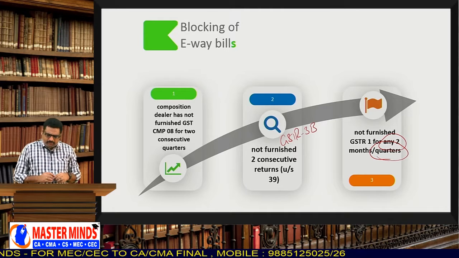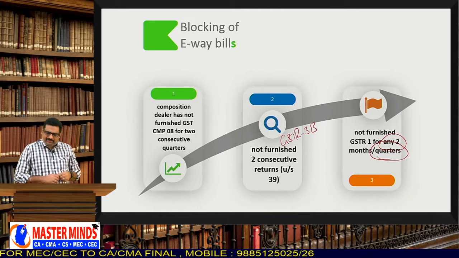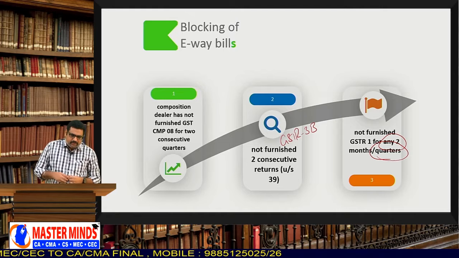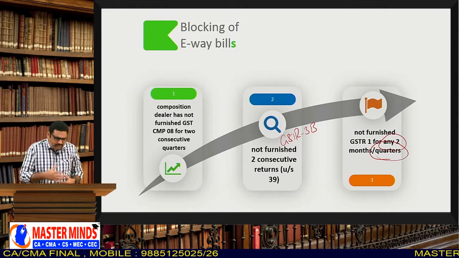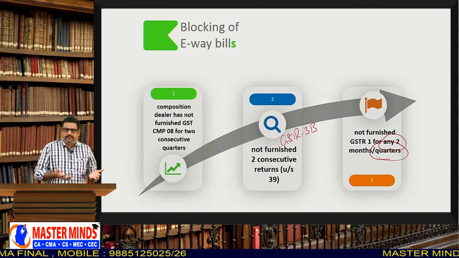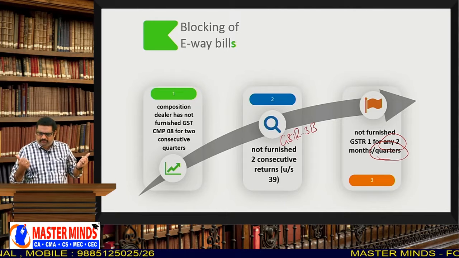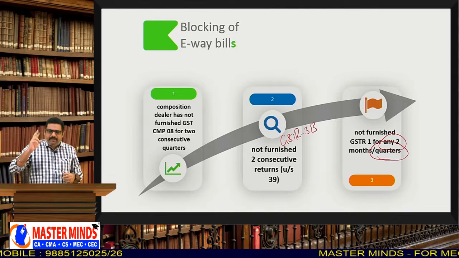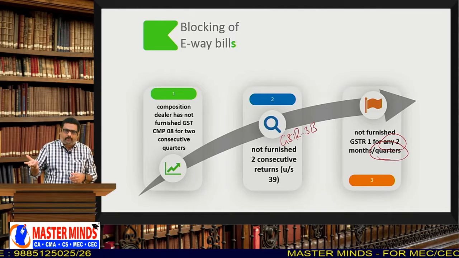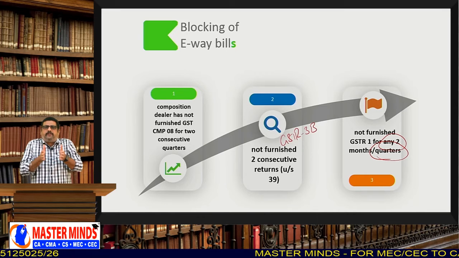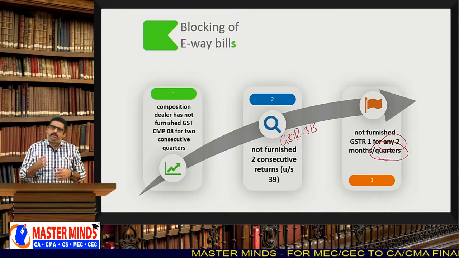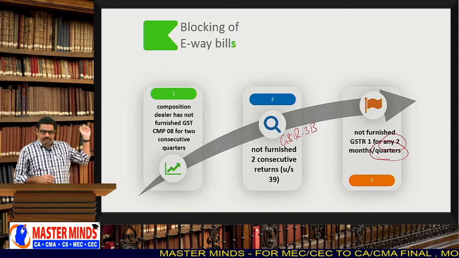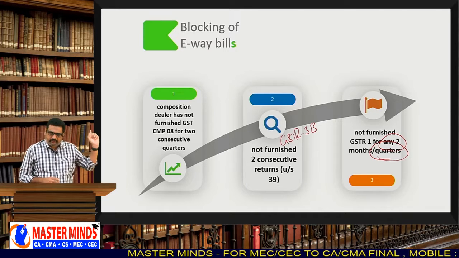So, with respect to CMP 08 and GSTR 3B, two consecutive tax periods should be there. But with respect to GSTR 1, any 2 months or any 2 quarters, they need not be in a continuous manner. Even if they are not consecutive, this particular blocking of EWAY Bill concept will be applicable.